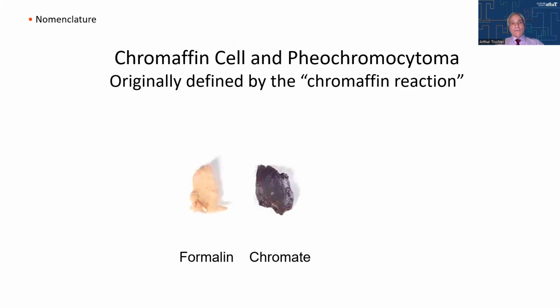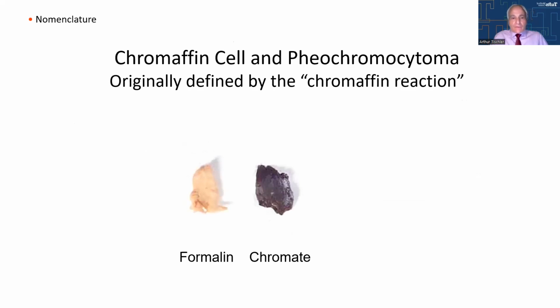Our nomenclature for Pheochromocytoma and Paraganglia was originally described by the chromaffin reaction. In the mid-19th century, researchers in a variety of countries were using rather primitive histochemical techniques in order to determine what substances were produced in different cells.